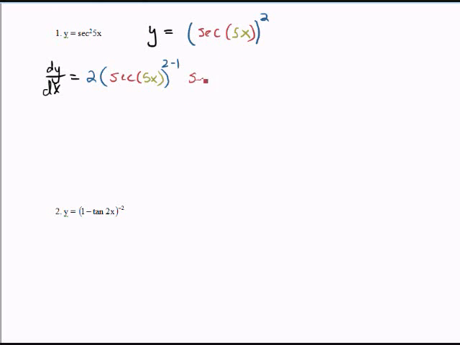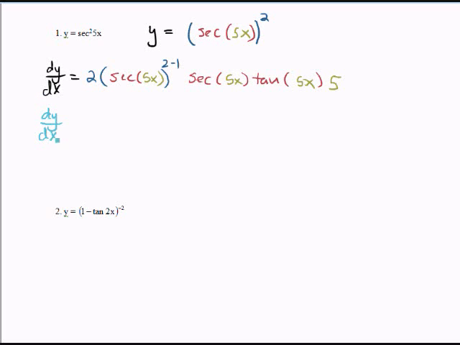So derivative of that is just the secant, the tangent. So secant tan is derivative of secant, and we just leave the innermost piece the way it is. Then we multiply by the derivative of the green, which in this case is the innermost piece, which is just 5. So now we just pull everything together, multiply the 2 and the 5, and rewrite the secant.